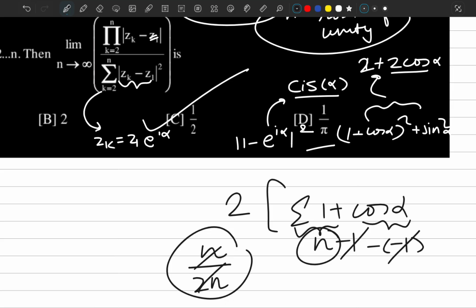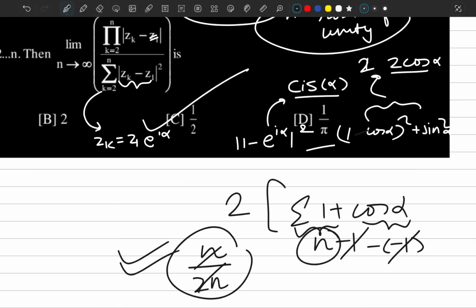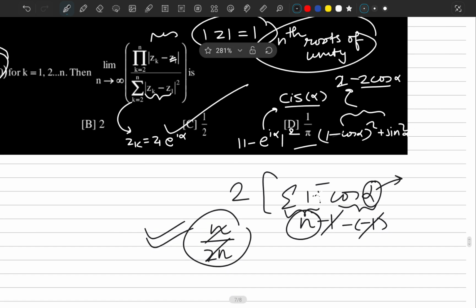So this will give us 1 by 2, something like that it goes. Here I guess only negative will come here, something like that, right? Here also negative is there, right? Alpha is something you have to take out.